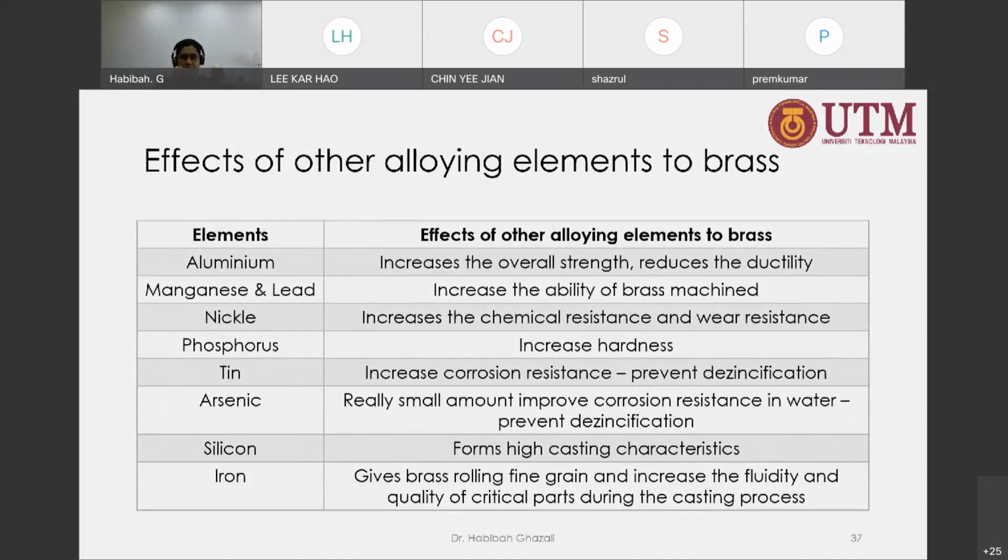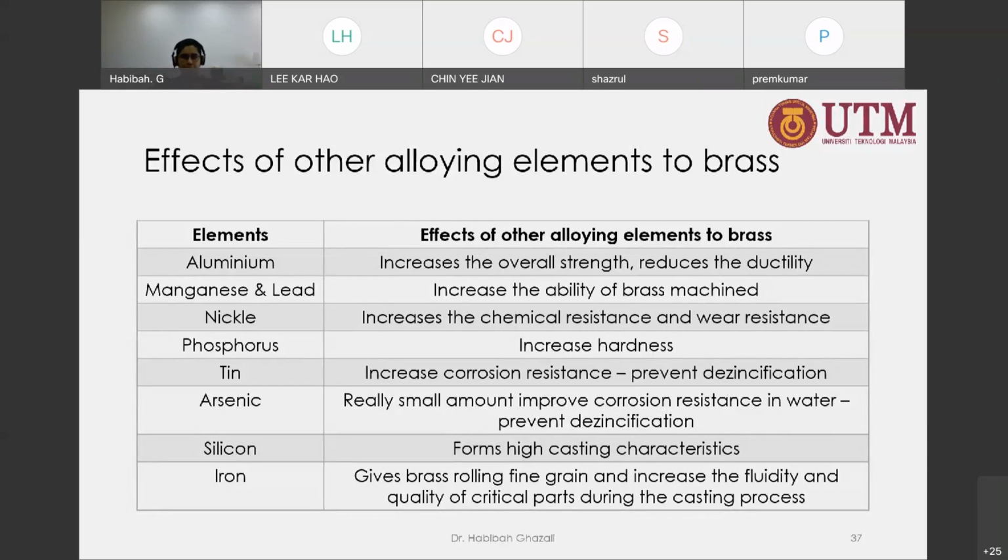Listed here, we can add aluminum, lead, magnesium, nickel, phosphorus, tin, arsenic, silicon, and also iron as the third alloying element. What will happen is that we will improve its different properties.